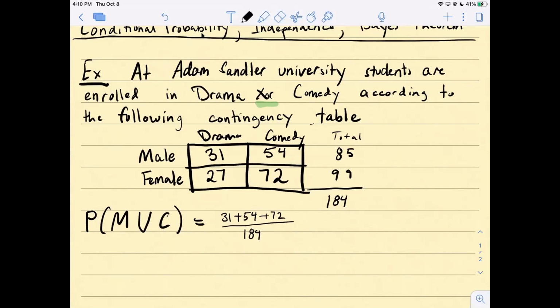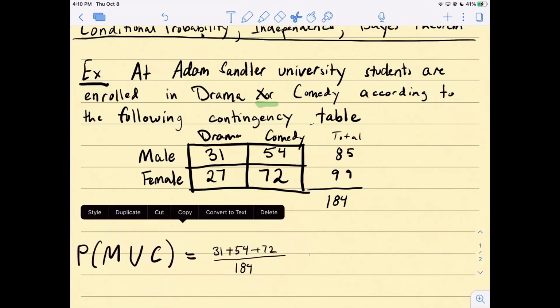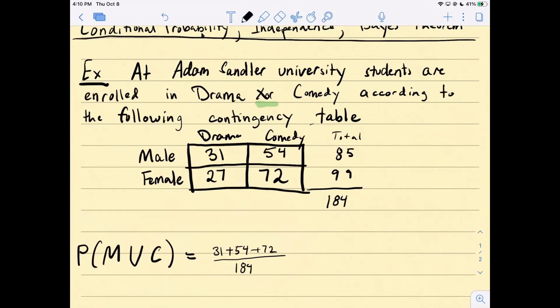And if you did the totals beneath it as well, just be careful. This is going to be equal to 103 plus 54, which is 157, all over 184. If you look at comedy, that's going to be 126, and you look at drama, that's going to be 58.